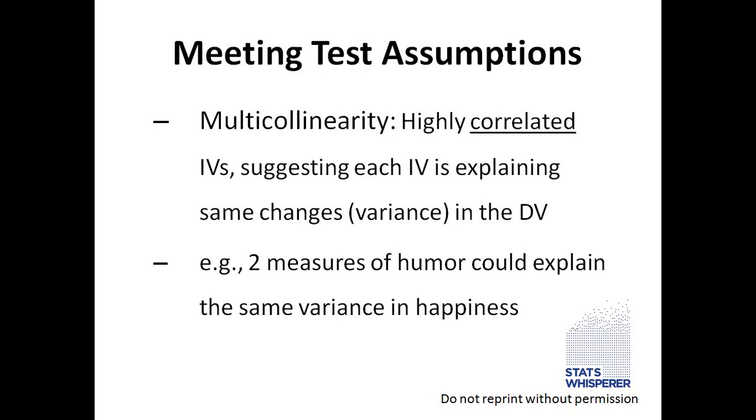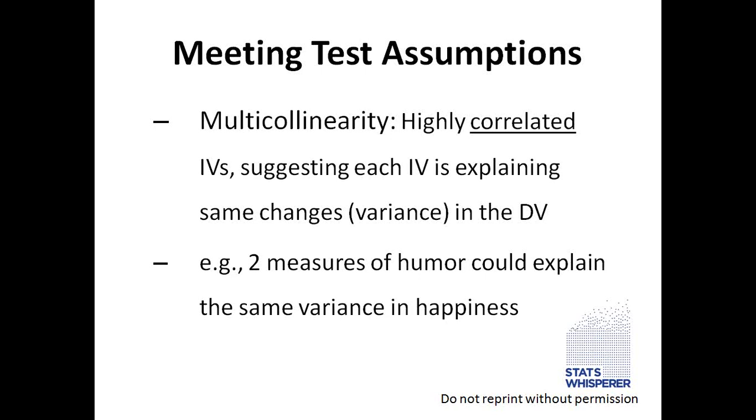Meaning, if the dependent variable is happiness, say we had two measures of humor. One was telling jokes and the other was laughing at jokes. And the two measures were really highly correlated because people that tell jokes also tend to be the people that laugh at jokes, right? So they're each reflecting the same thing, humor, but they're two separate measurements.